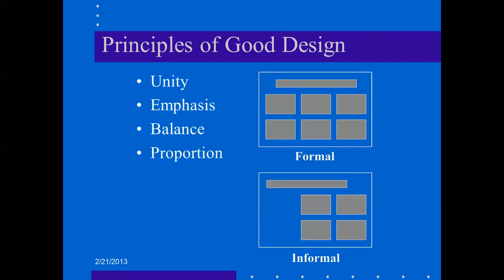The next principle of good design is proportion. And I would say that for beginners, this is the most difficult thing to do. Now, if you look at the top little drawing, there is an even amount of space between the rectangles. This creates good proportion. And you can see around the edges of the rectangles that there's the same amount of space.